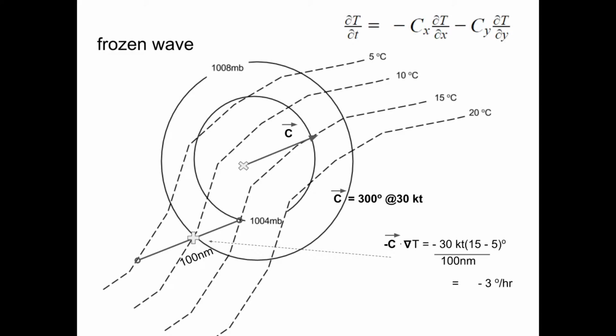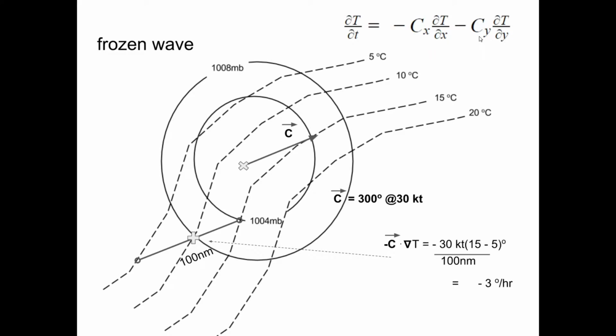So just to review the frozen wave hypothesis, this is a way for us to estimate the local time derivative using sort of a pretend advection by the motion of the system.